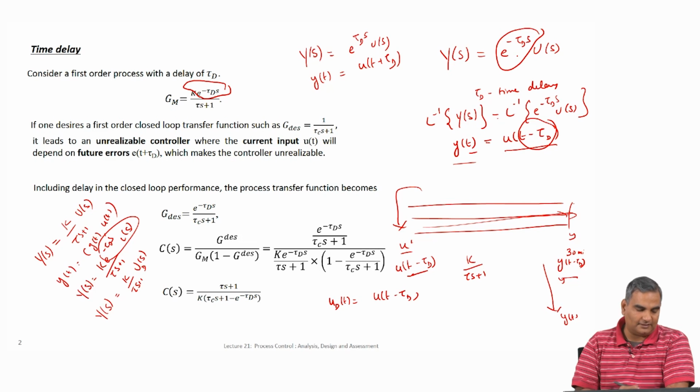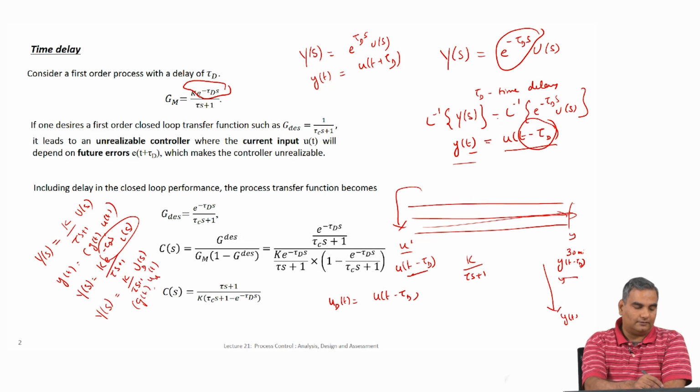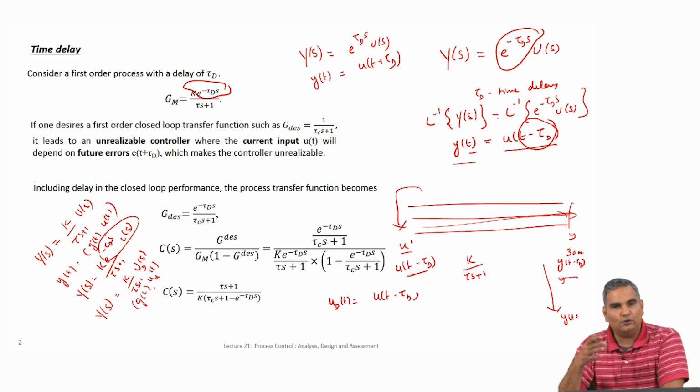So, in this case the convolution will be between some function and the delayed version of u. This basically says the first order is going to act instantaneously on changes to u. When I add a time delay, the first order is going to act instantaneously not on u, but on u(t − τd).